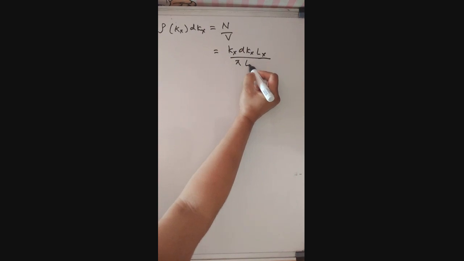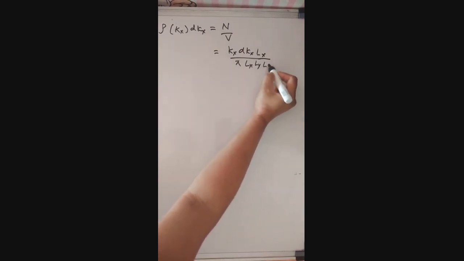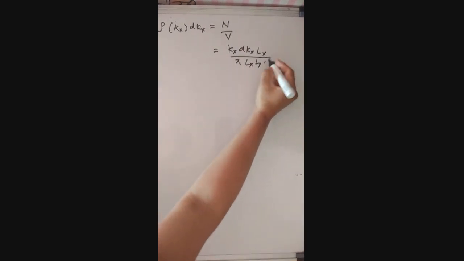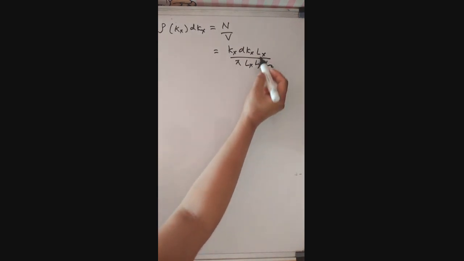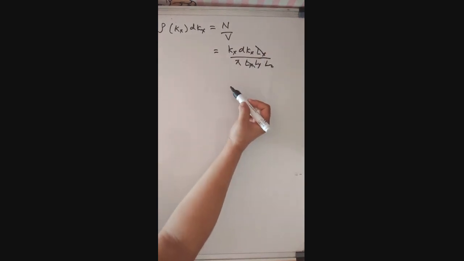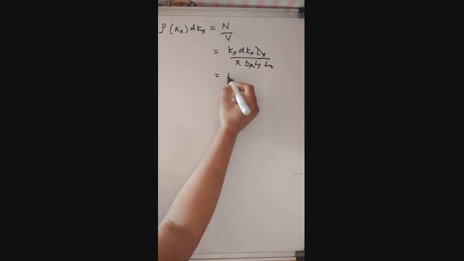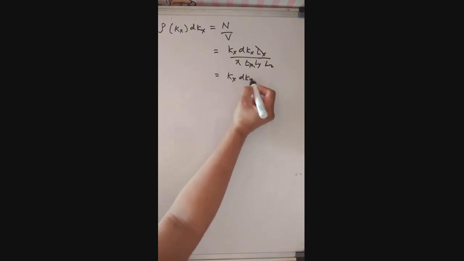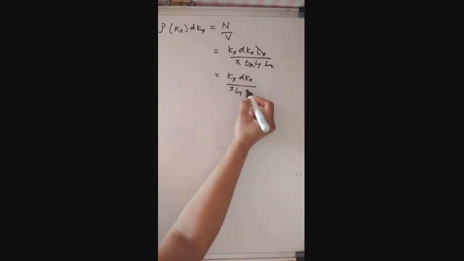Dividing by the volume, which will be Lx, Ly, Lz. Now cancel out the terms that cancel out, and we will have kx dkx upon pi Ly Lz.